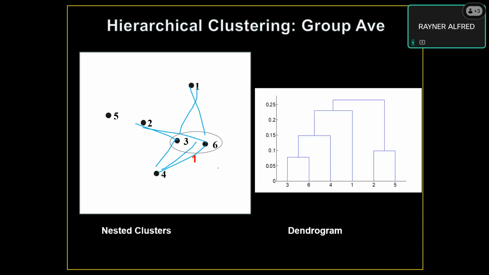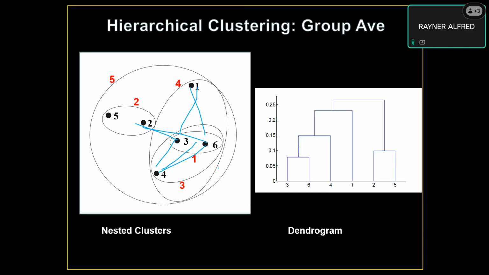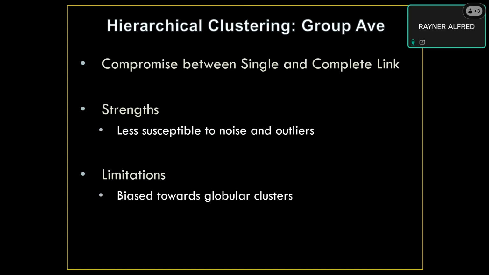Okay, so whichever is shortest will be taken. Okay, so for the group average, they're less susceptible to noise. So this is solving the minimum's problem, and they are biased towards globular clusters. So they have the same problem as the maximum distance.